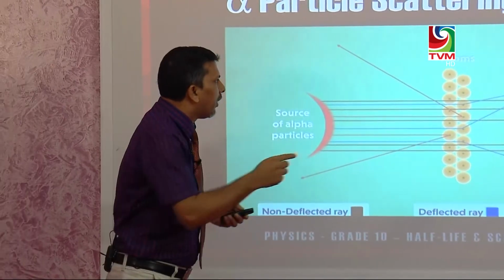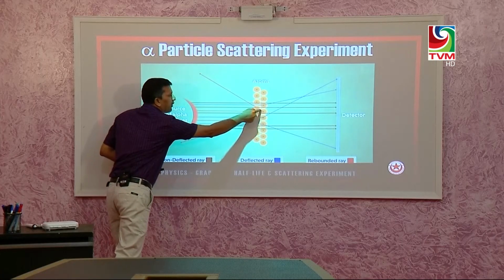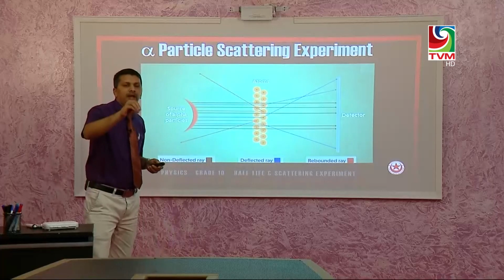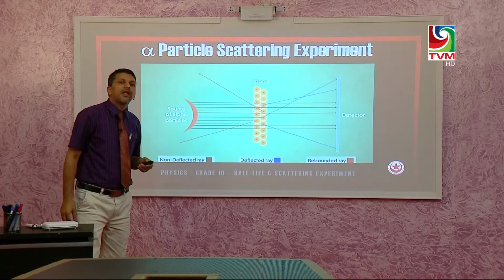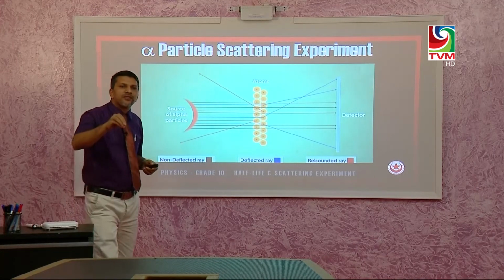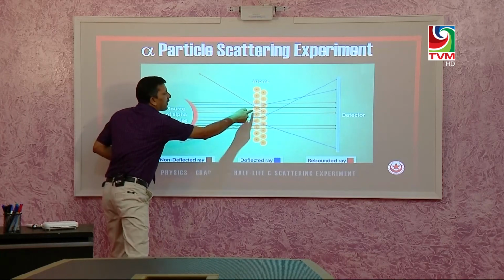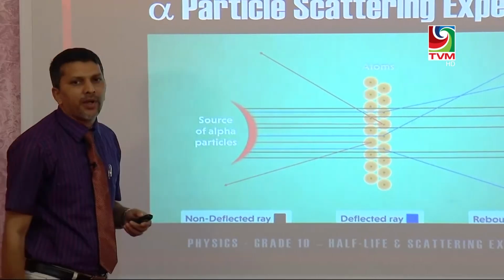And third, very few alpha particles rebounded. That means the positively charged nucleus in an atom is dense or heavier. That's why some alpha particles rebounded.